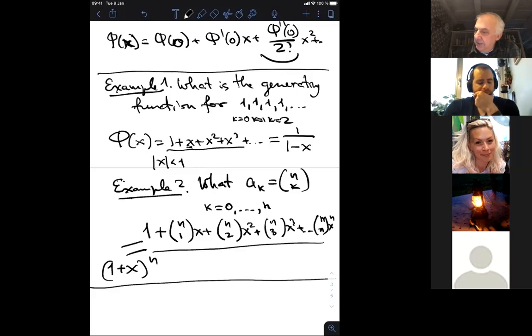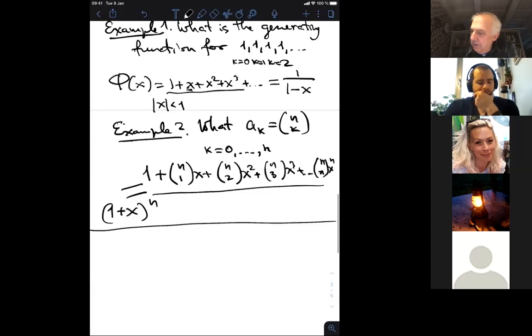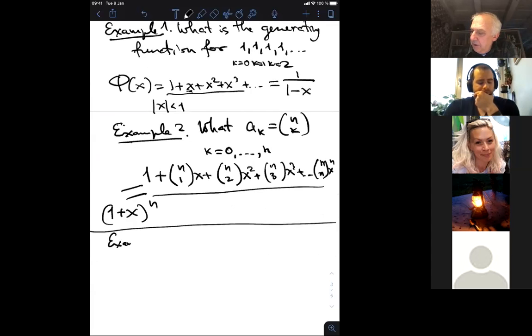Okay, let's see. Example 3. What about a finite sequence of ones? Our first example was an infinite sequence of ones, so ones at all places. But say we have a_k equal to 1 if k equals 0, 1, up to n, and 0 otherwise, k bigger than n.